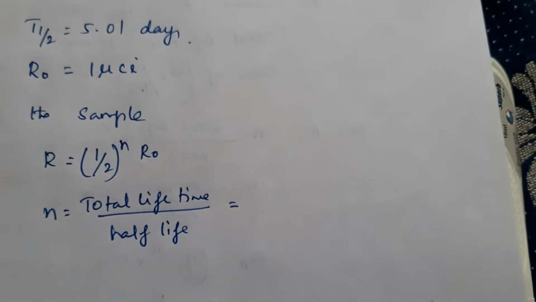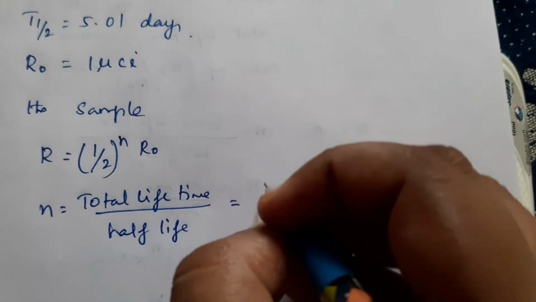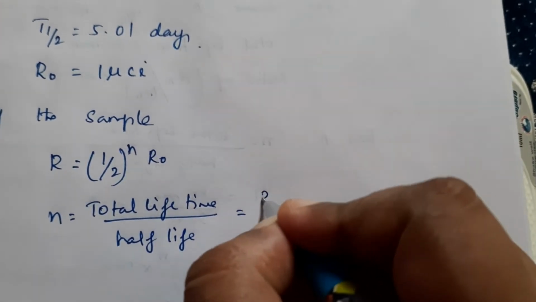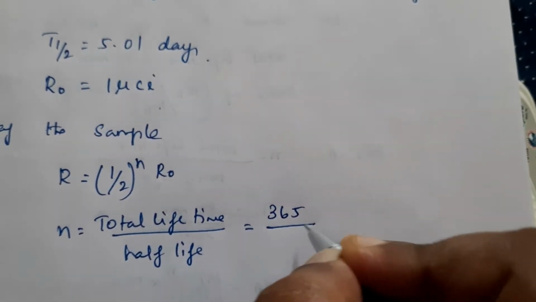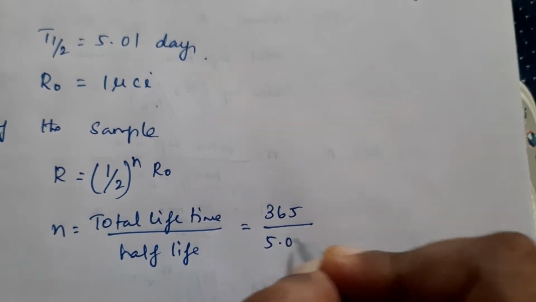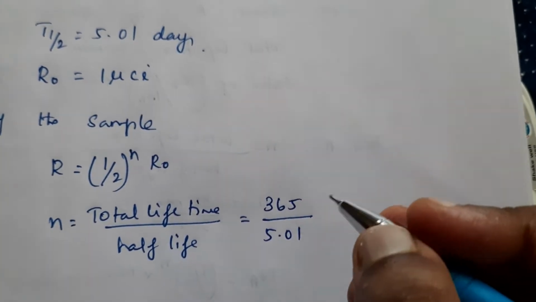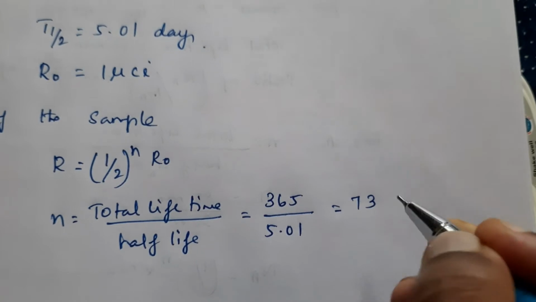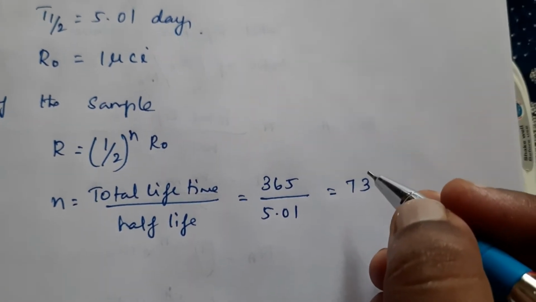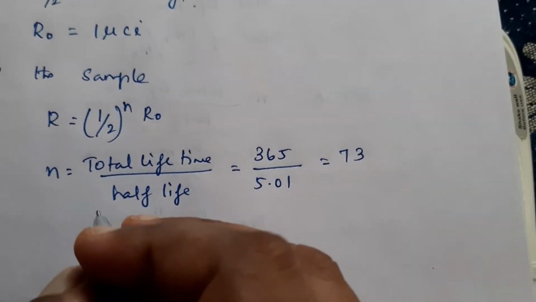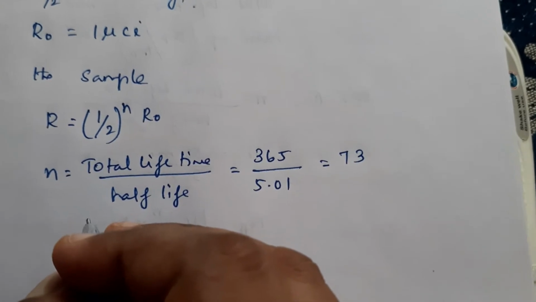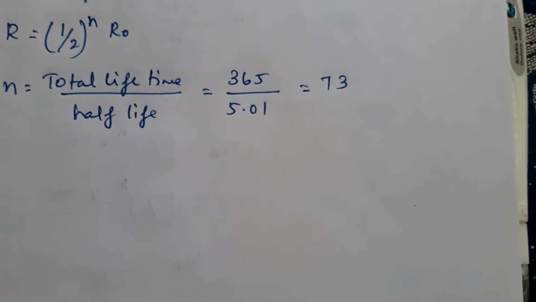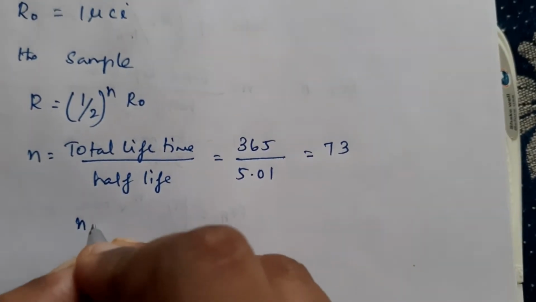Next birthday means 1 year. 1 year means 365 days. 365 divided by the half-life, which is also given in days, 5.01 days. If you divide this, you will get 73. So n is equal to 73.